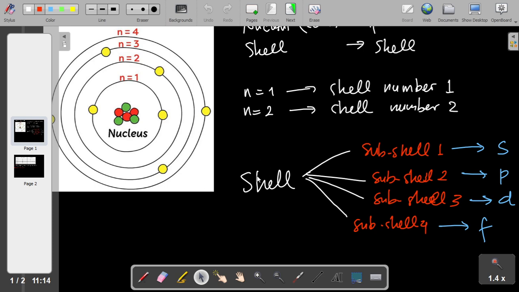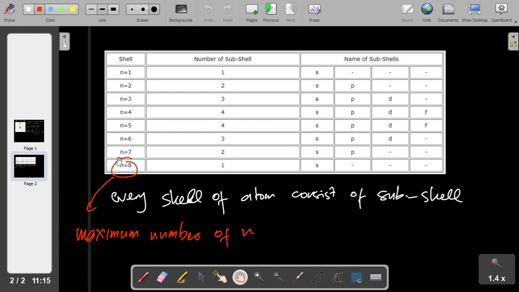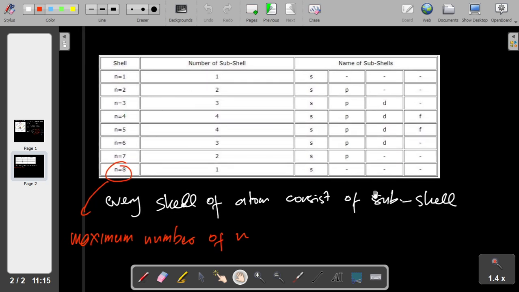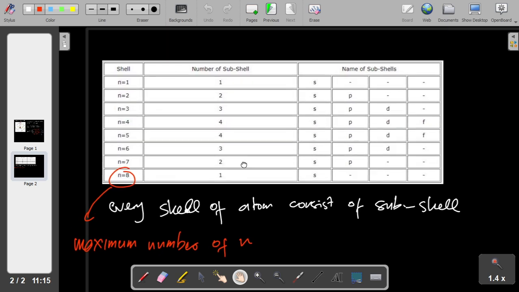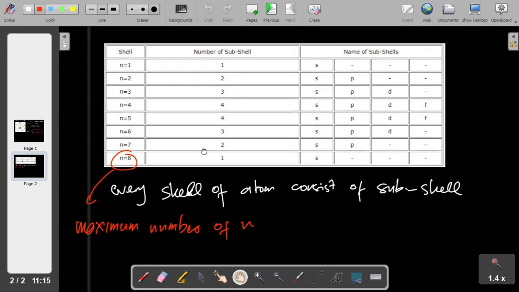So 8 is the outermost shell in the atom. Every shell of an atom consists of subshells, with the information as shown. This is the rule, so we have to memorize it.